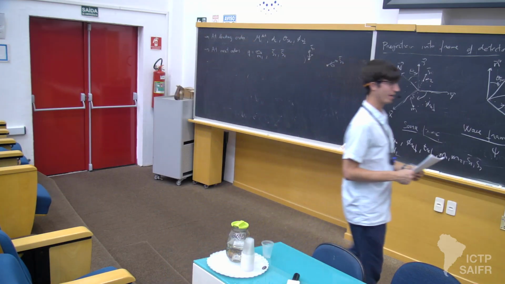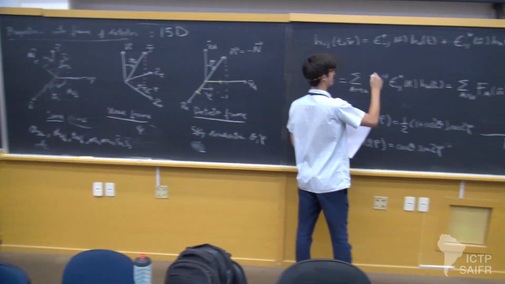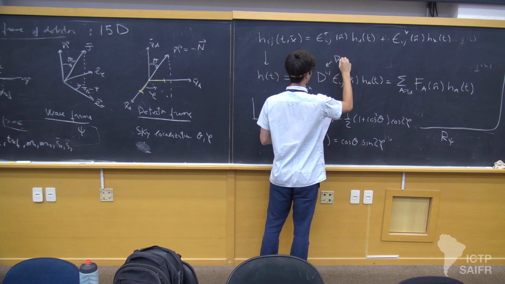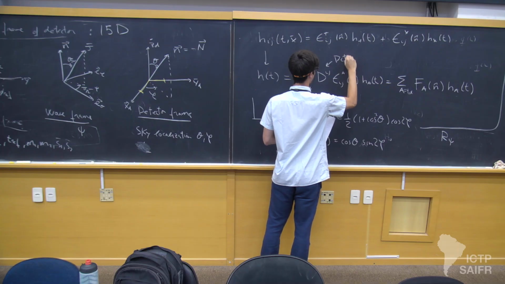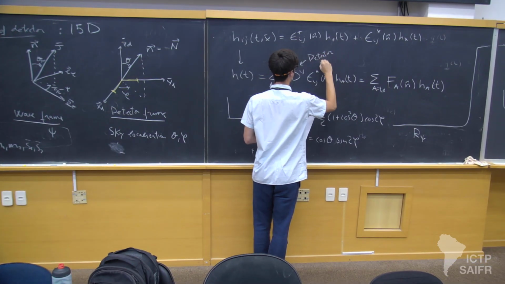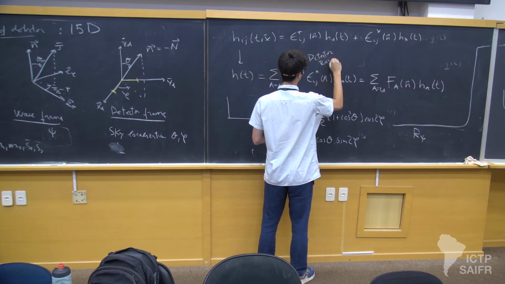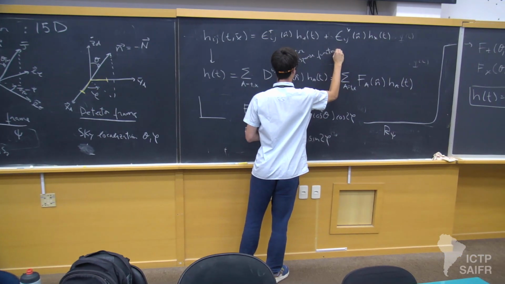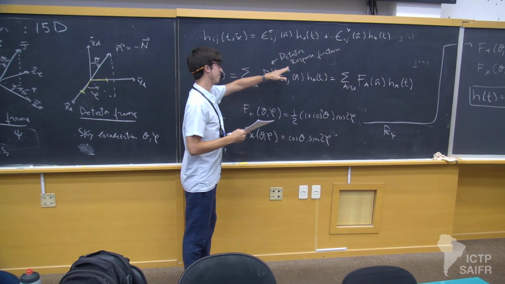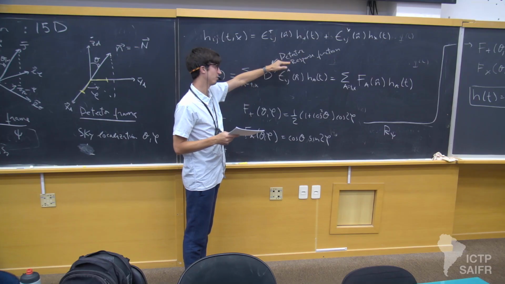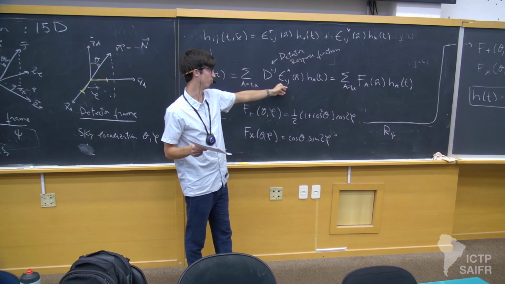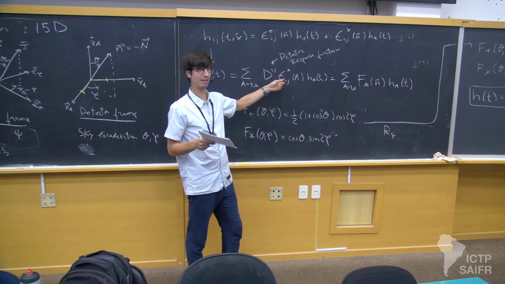Yes, so I have not defined this. It's a property of the detector, the detector response function. I have not given you the detector response function, but I've given you the product of this with the relevant polarizations, the plus and the cross.